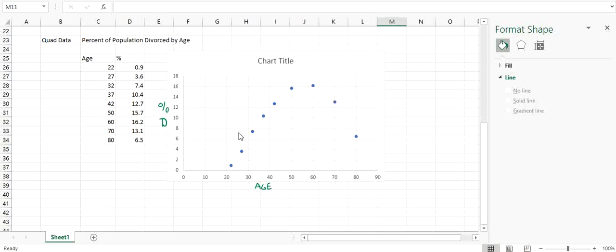I'll just put percent D. So this is percent of population divorced by age. Notice it looks very parabolic, or like a quadratic equation.